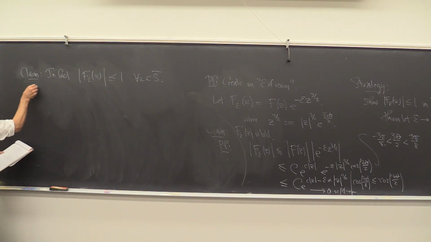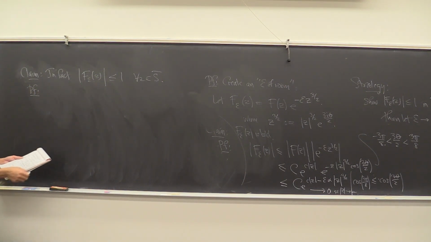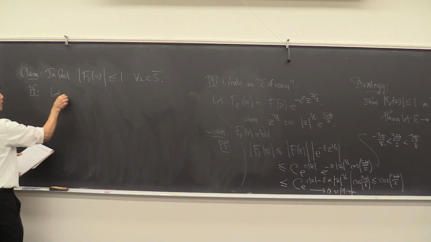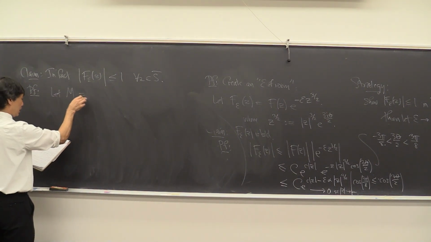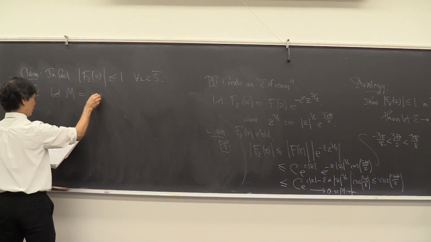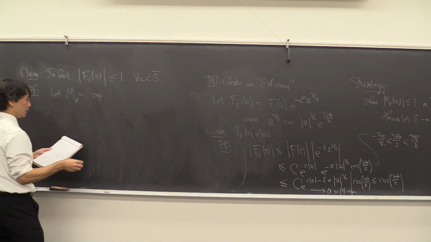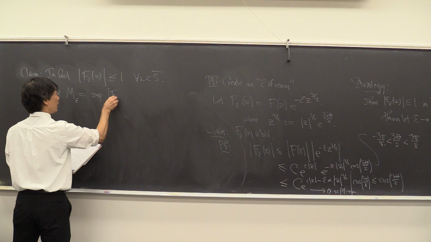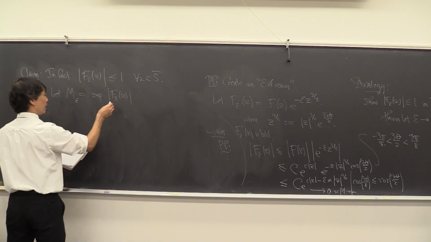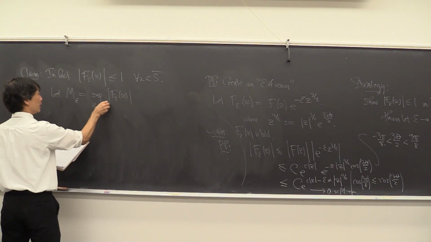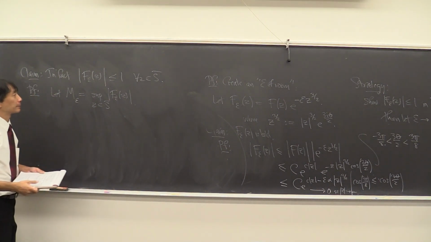Okay. So the proof is: let M sub epsilon be the supremum of f epsilon for z in S bar.